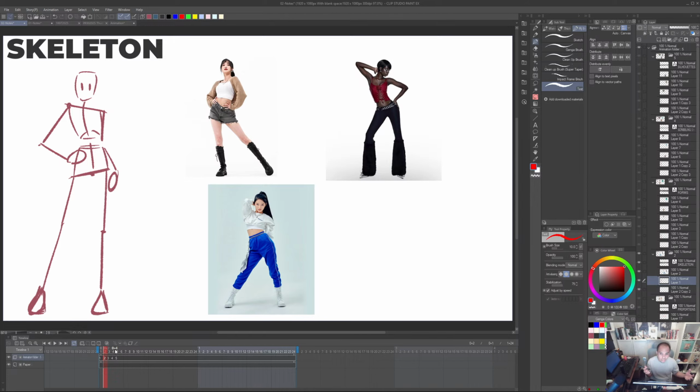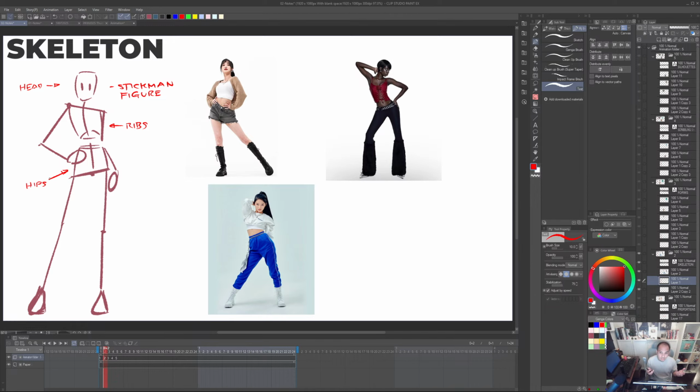It almost resembles a stickman figure over here, and it's considered as such because we have simple shapes for the head, the ribs, and the hips, right?